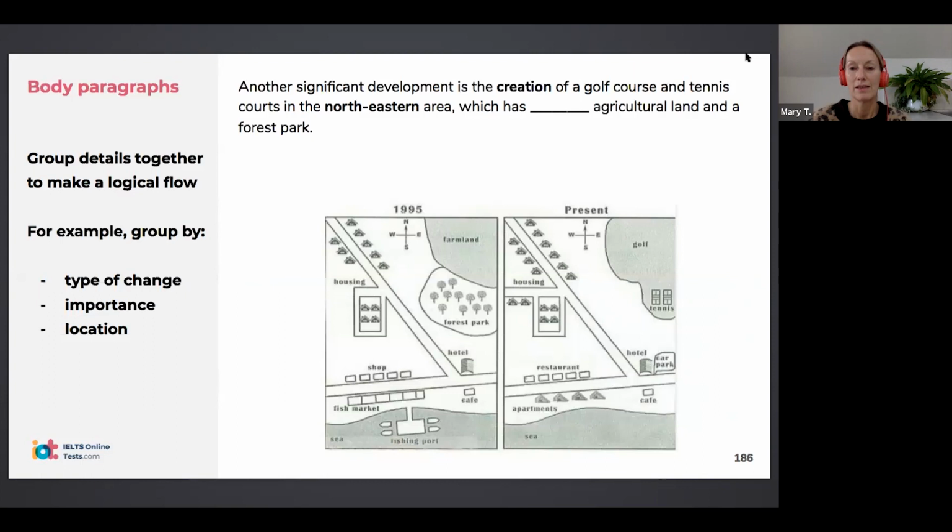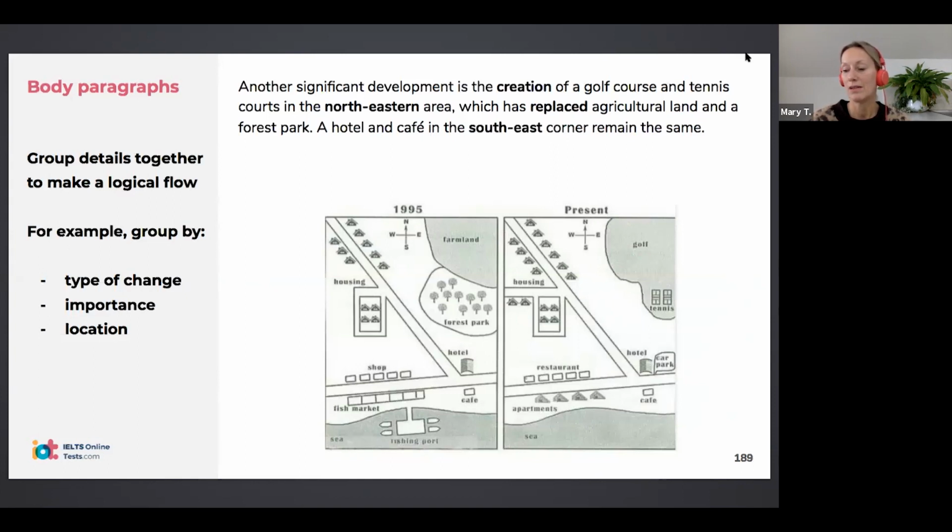Which has. So again, this is going back to how it was in 1995. So you need some sort of verb that suggests this. Replaced, that's right. So replaced agricultural land and a forest park. A hotel and cafe in the, which area is this? In the something corner, remain the same. Yeah, good.